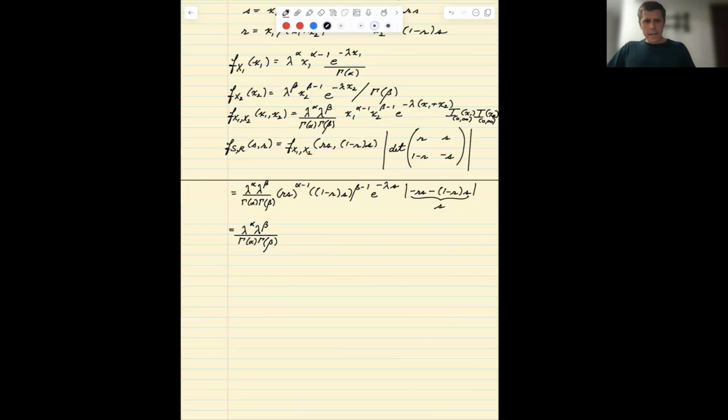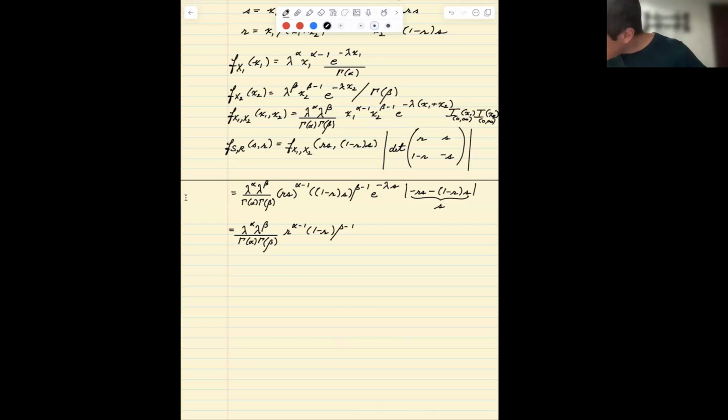What can we say about this? Well, this is equal to R to the alpha minus 1, 1 minus R to the beta minus 1.